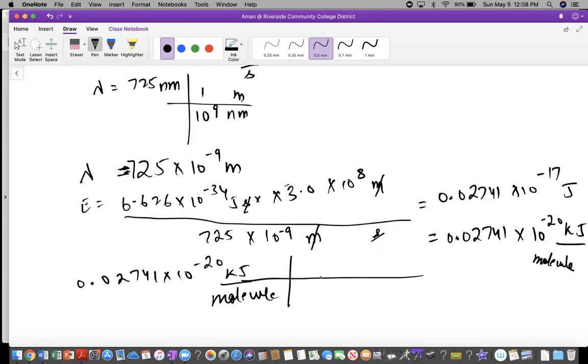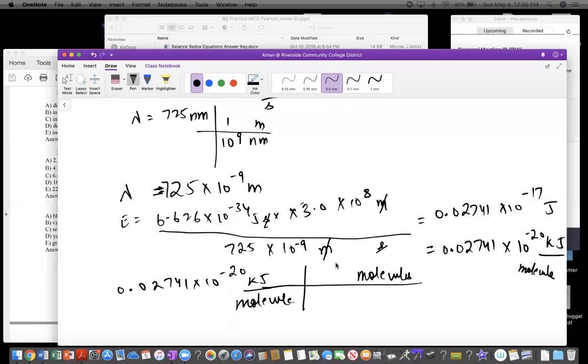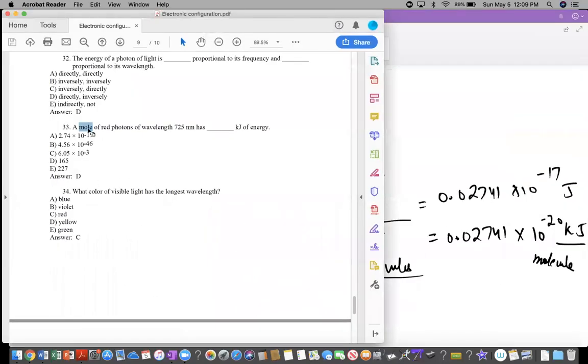So kilojoules, we don't touch it. We just want to touch molecules. How do you know that it's kilojoules per molecule? Oh, because the question is saying that. You see here? A mole of red photon of wavelength 725 nanometer has dash kilojoules of energy. It's looking for mole, that a mole will have how much energy, right?